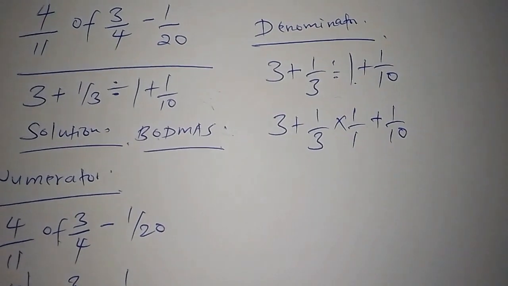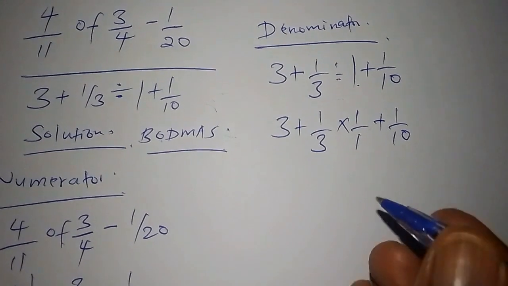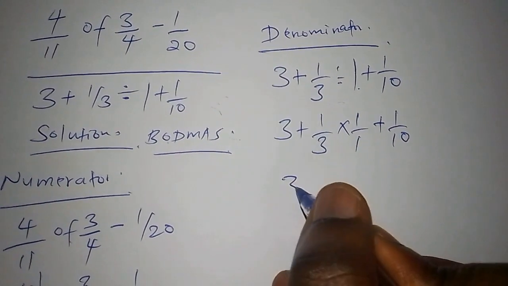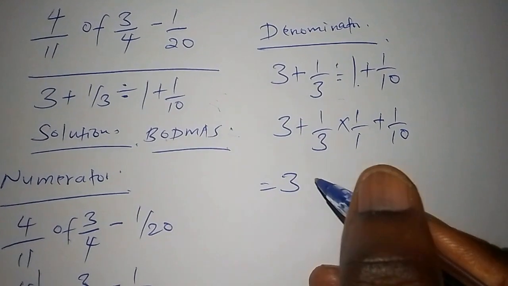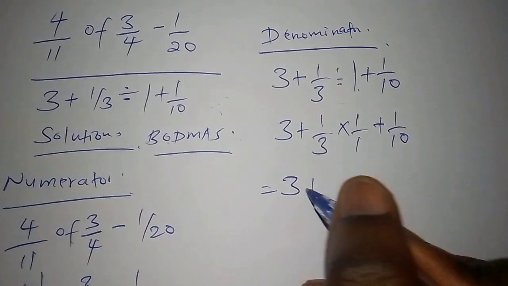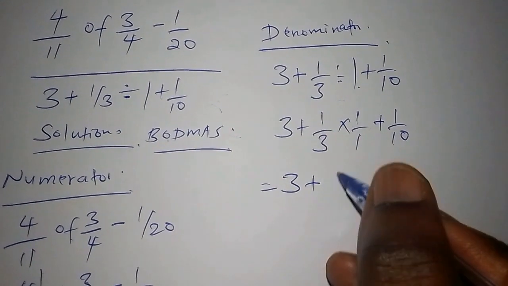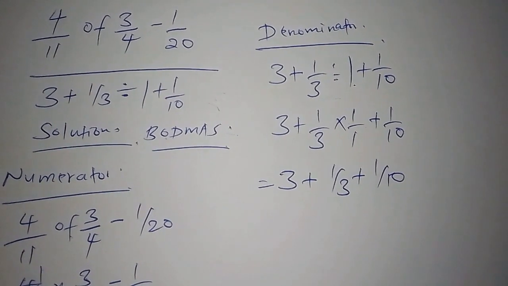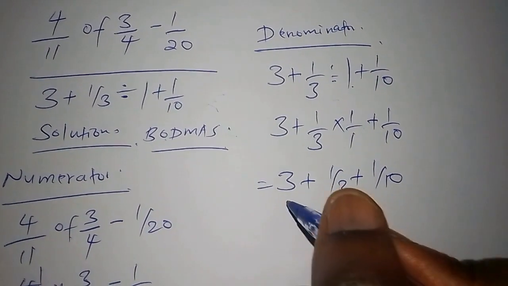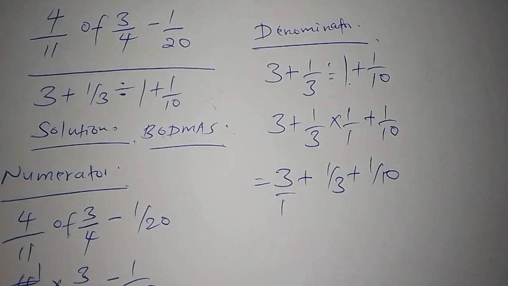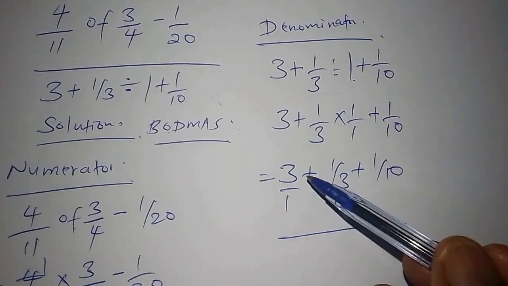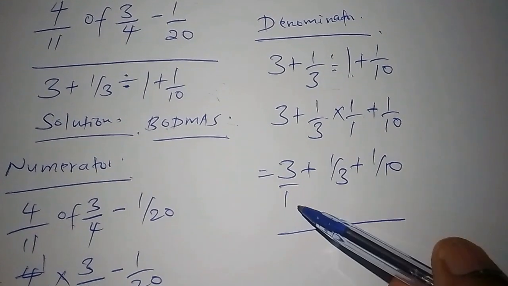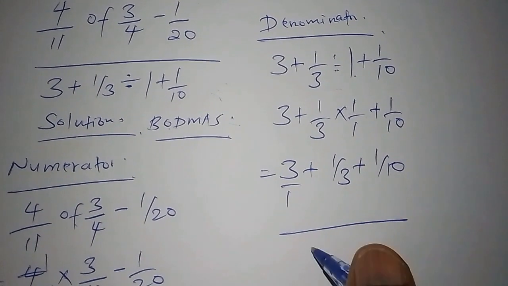Once we reach this particular point, here we shall have 3, so this equals 3, then add 2, this one now becomes a third, add to 1 out of 10. From there, this 3 we just put over 1. Now since all the fractions are addition, we shall find the LCM of 1, 3 and 10, and the LCM is 30.